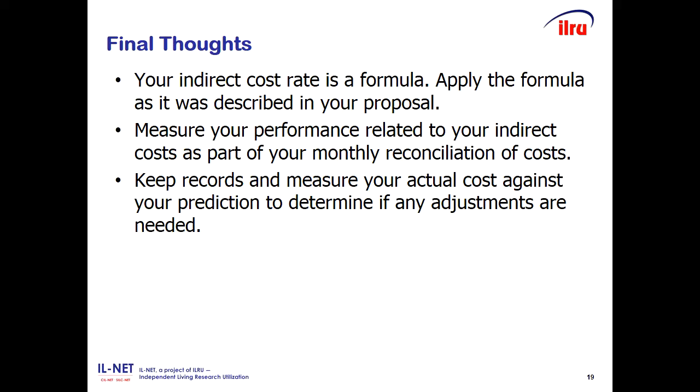Measure your performance related to your indirect costs as part of your monthly reconciliation of costs. Make sure you know if it's high or low and why, so that you know what to do related to that. And keep the records. So important to know how you came up with your figures, in case you ever have to justify that, or in case you're going to decide later that you need some adjustments based on what you know now.